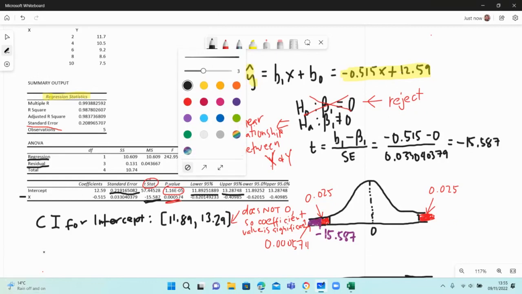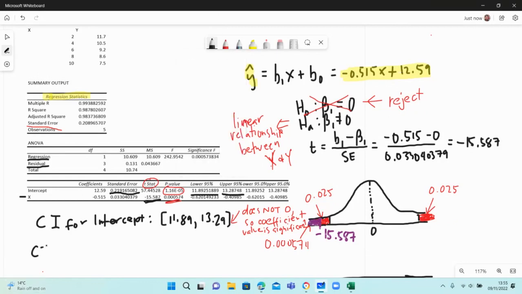So sorry for the distractions. Okay, so the CI for x is given by the interval with left endpoint negative 0.62, rounded to 2 decimal places, and an upper endpoint of negative 0.41. Again, approximated to 2 decimal places.